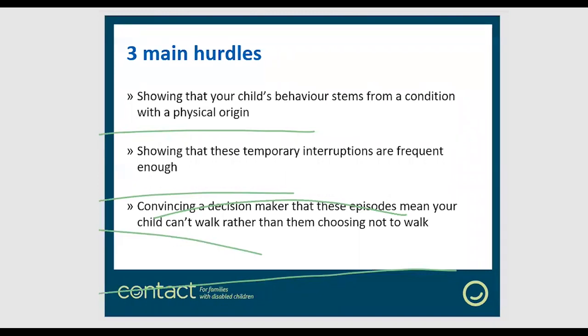Secondly, there are issues around how often the refusal episodes, or the temporary interruptions, are happening. And finally, there's a major issue with convincing decision makers that what they're dealing with here is a child who can't walk rather than a child who's simply choosing not to walk. We're going to look at each of these issues in turn just now.